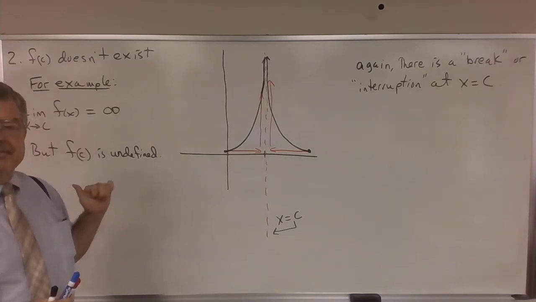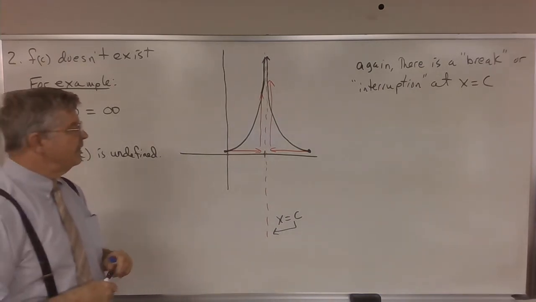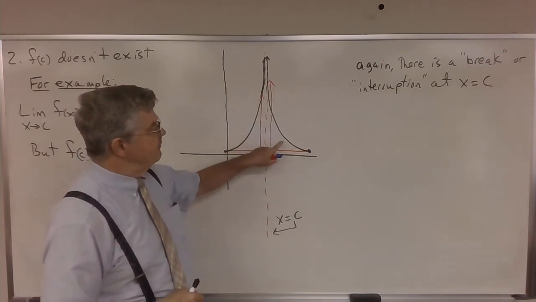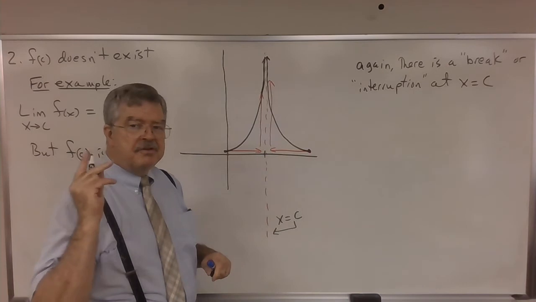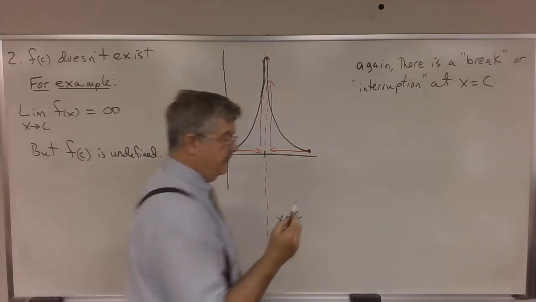There's also something else we could notice. This piece of the graph and this piece of the graph are separate. The graph consists of two separate pieces.